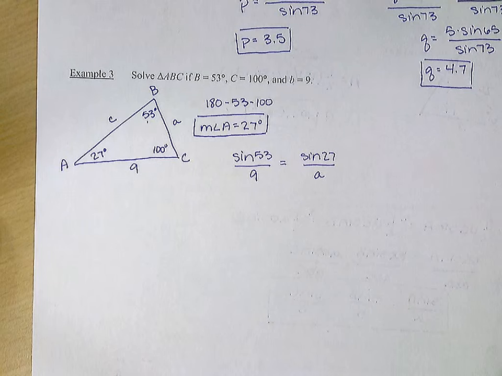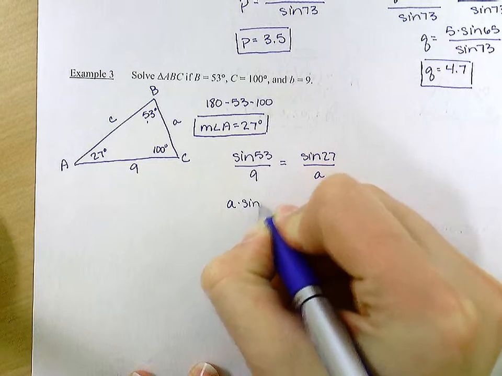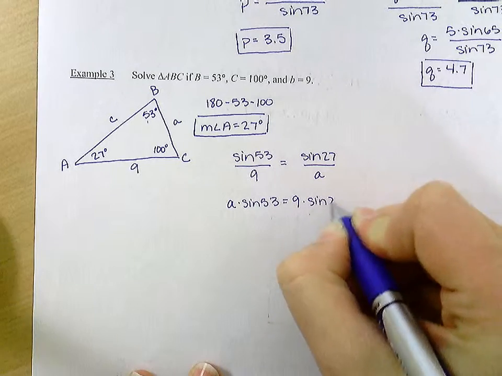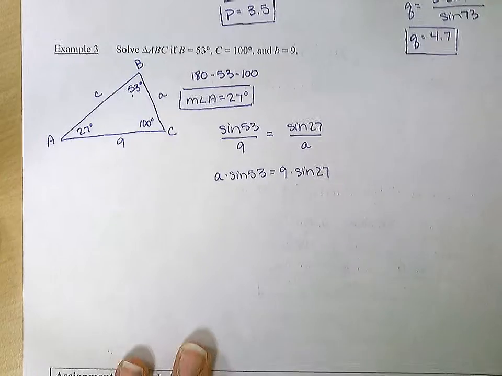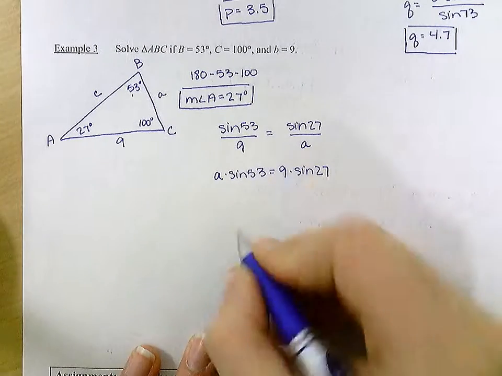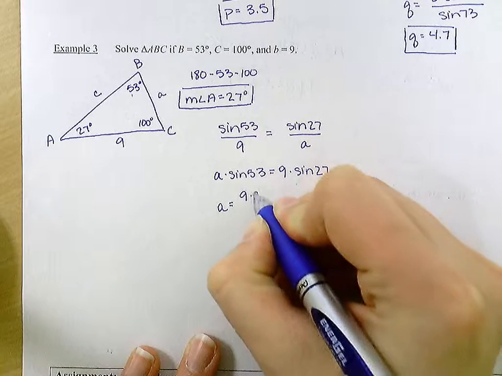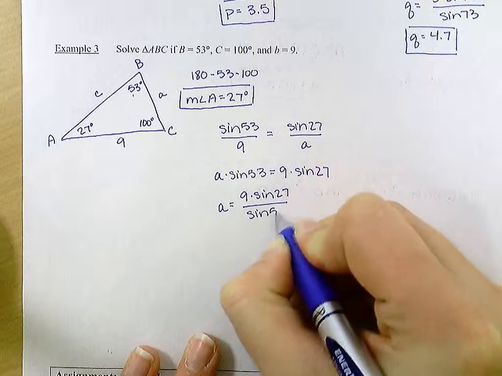And again, from here, you want to cross multiply and solve. So I have A times the sine of 53 is equal to 9 times the sine of 27. Divide both sides by sine of 53. So we have A is equal to 9 times sine of 27 over sine of 53.